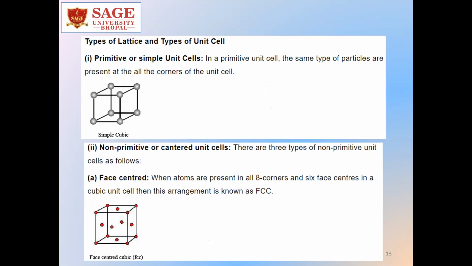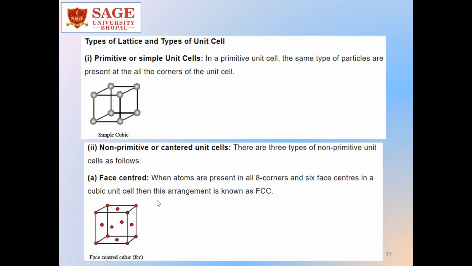So, what are primitive or simple unit lattices? When all the atoms are present at the corners of the unit cell, that is a primitive or simple cubic system. Non-primitive can be of 3 types, as we have already said: face-centered, body-centered, and base-centered.